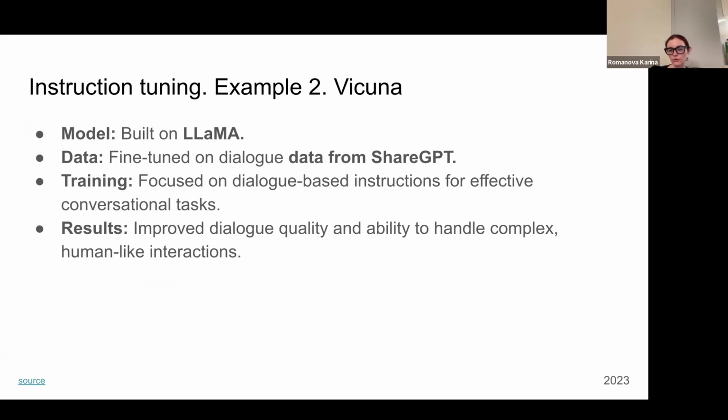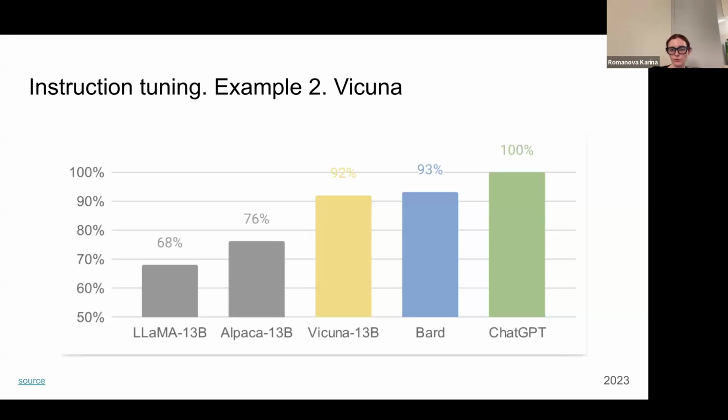This fine-tuning process improved its ability to follow complex instructions and engage in multi-turn dialogues, making it more effective in conversational AI applications. Vicuna's development underscores the importance of high-quality, diverse datasets in instruction tuning.